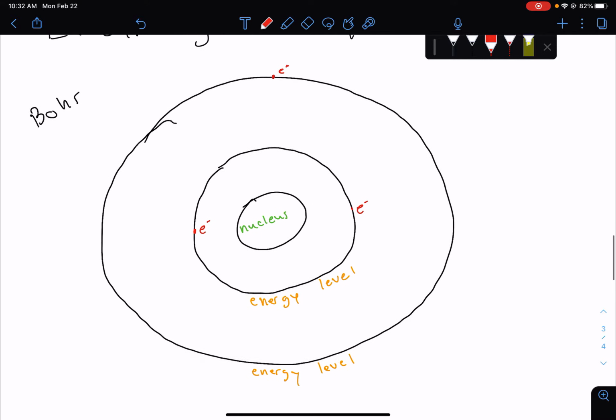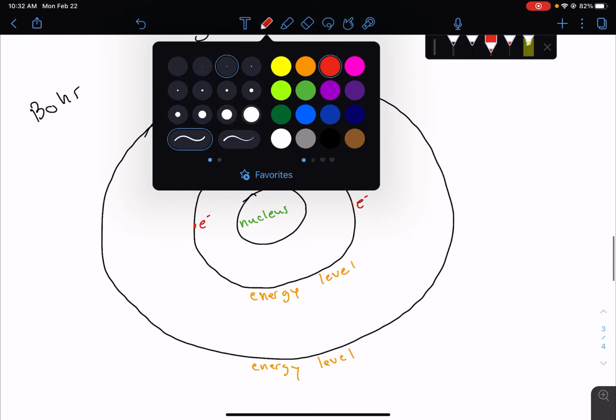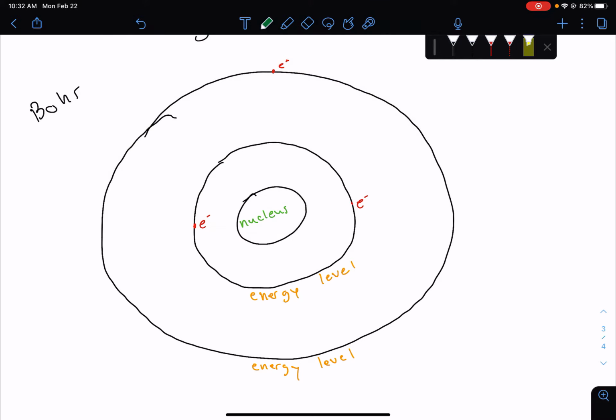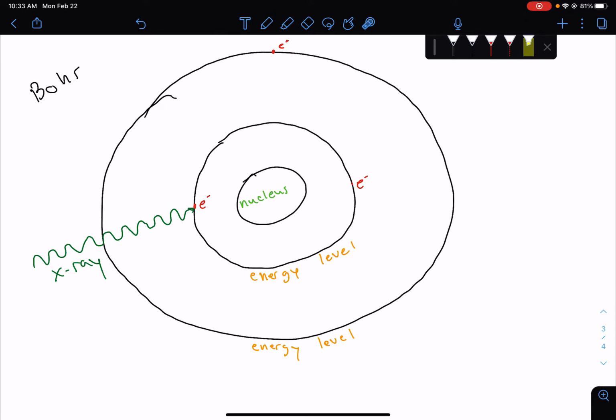But lithium, minding its own business, is hit by a ray of energy. Let's call it an X-ray. An X-ray has very short wavelengths, has a very high frequency, and this X-ray just so happens to bump into this electron right here.